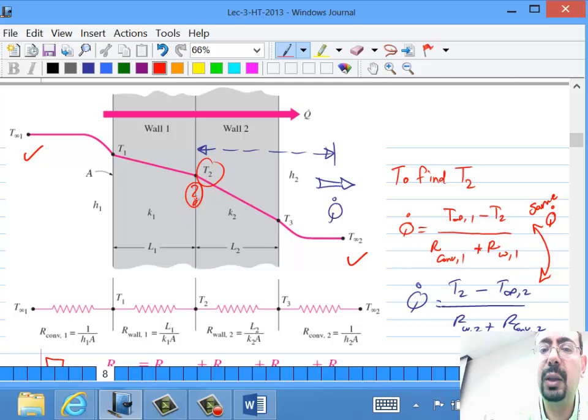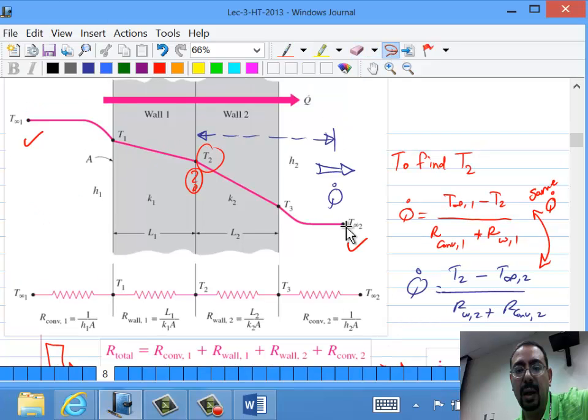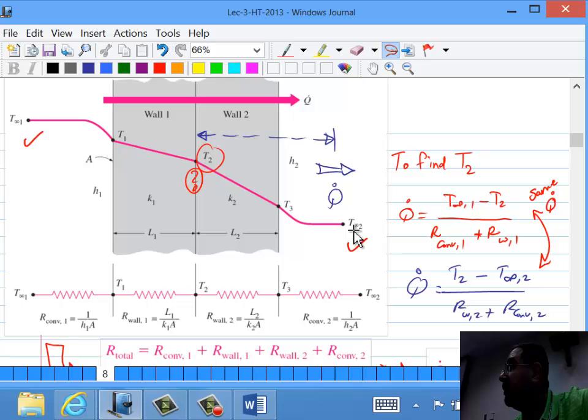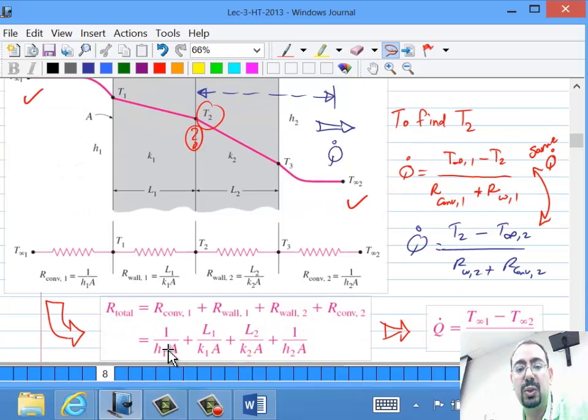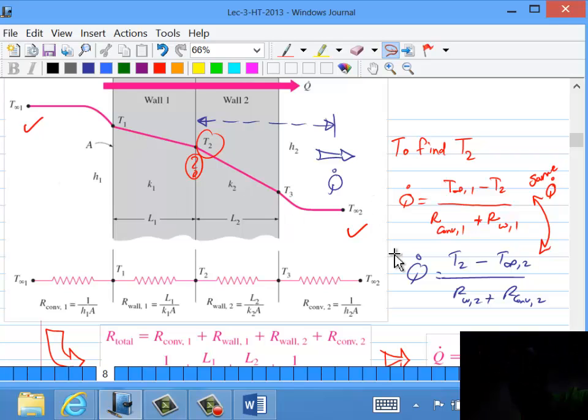Well, first you start by saying my Q through the whole thing is, let's start from here all the way to here, divided by 1 plus 2 plus 3 plus 4 resistance. Convection on this side, conduction through this wall, conduction through this wall, and then convection on the other side. So doing this will give you the Q. So that Q is also the Q through only this guy, meaning T1 minus T2 over that resistance, and that gives you this temperature.